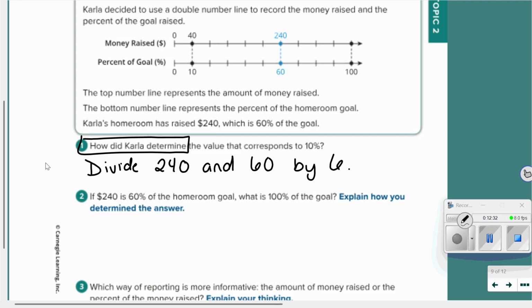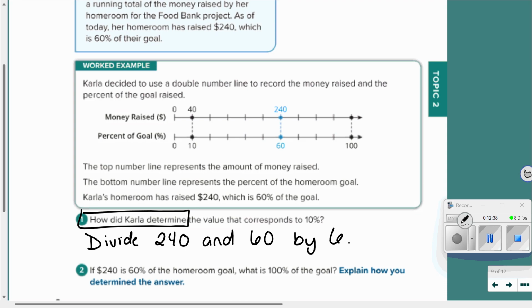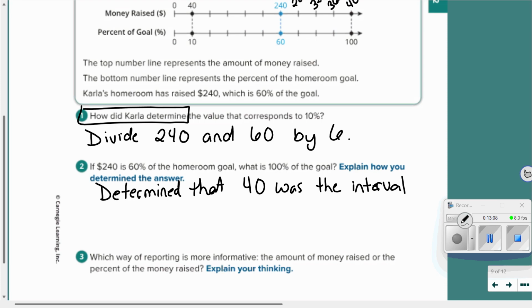It says if 240 is 60%, what is 100% of the goal? Well, if I know I'm counting by 40s, I can just continue counting by that number. So what is 100% of that goal? 400. Yes? So we determined that 40 was the interval for the top number line.